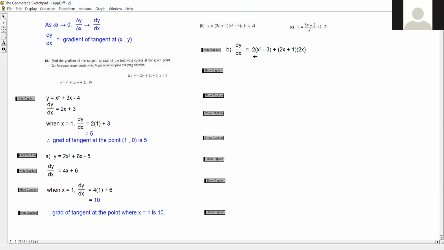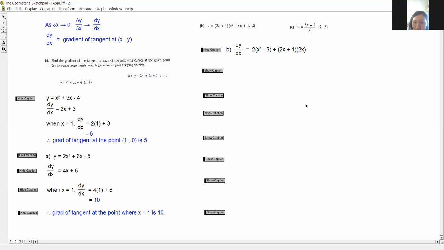Yes, sir. So the first one, you differentiate 2x plus 1, you get 2. Then this x squared minus 3, you just keep it. Plus, now you just keep this, and you differentiate x squared minus 3, you get 2x. So it's simple as that. Now, after differentiating, I have to substitute a particular value.